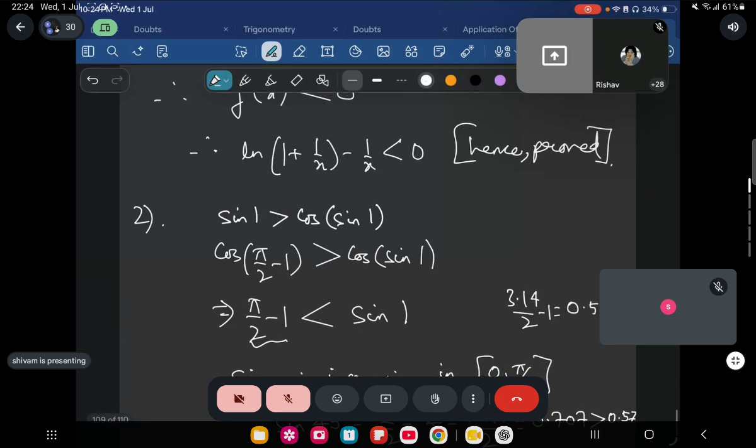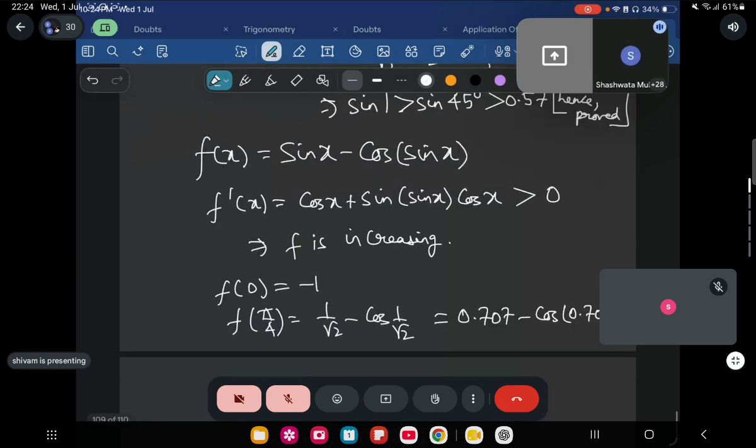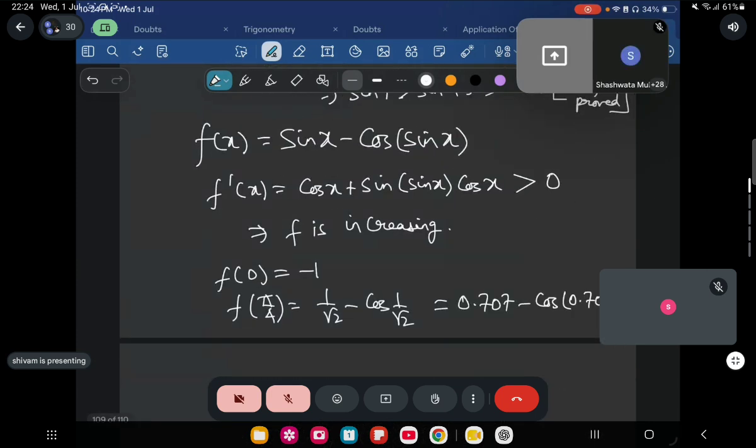So you can first draw the graph and then find the value at pi by 2. We have to get it before 1. Okay, before 1, what is happening? Then only we can substitute at 1. So f is an increasing function, right?